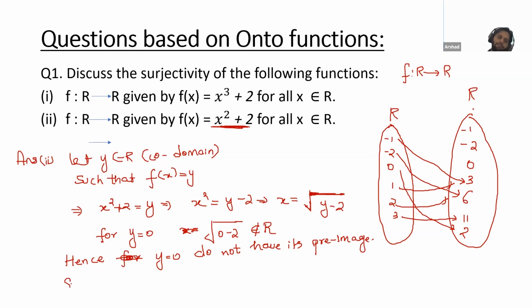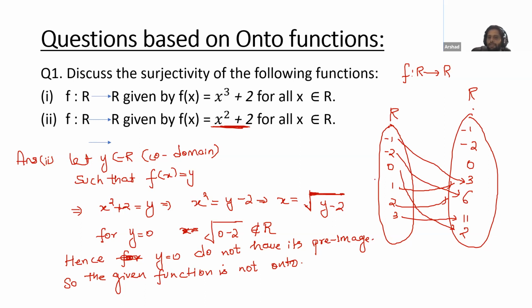So the given function is not onto. Okay, so we have written y is equal to 0. We get under root 0 minus 2. We know that this is not real. This is imaginary. So we have written that under root 0 minus 2 does not belong to R. Hence, y is equal to 0 does not have its preimage.